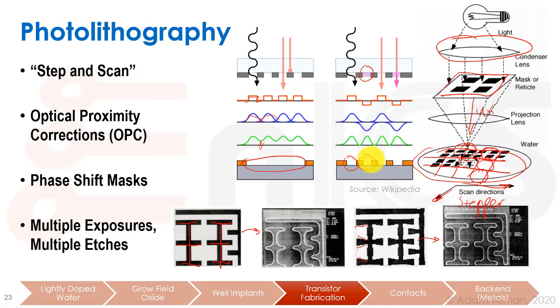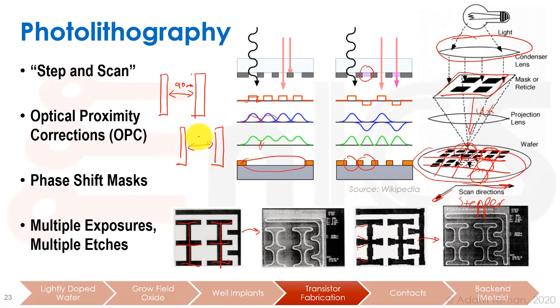And finally, as we mentioned before, multiple etches, but there's also multiple exposures. So, for example, let's say we can create features that are 90 nanometers apart. So we'll create two lines that are 90 nanometers apart. And then with another mask, we'll make another two lines that are 90 nanometers apart.